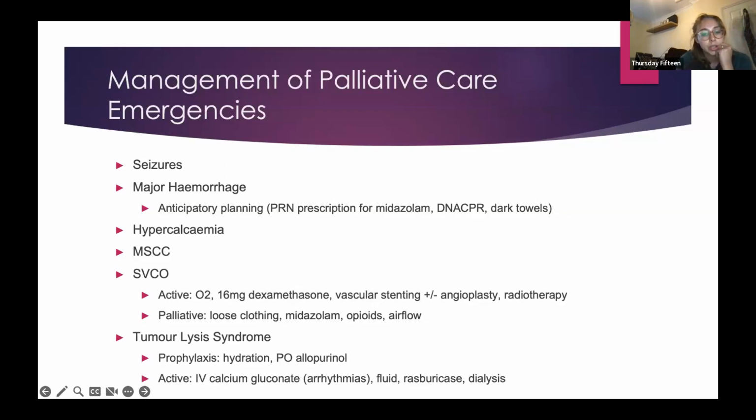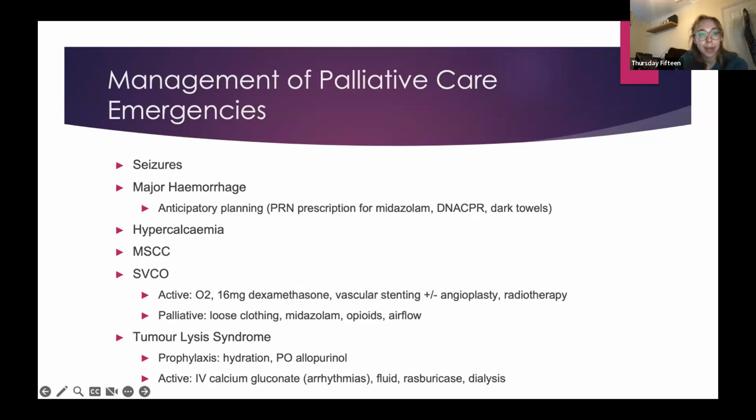Tumour lysis syndrome. So it's a bit of a rogue one to add in at the end, but it's just a combination of metabolic and electrolyte abnormalities occurring following chemotherapy treatment in patients with cancer. So it's more common in cancers that are highly proliferative, so things like lymphomas and leukemias. And it causes high uric acid, high phosphate, high potassium, and a low calcium.